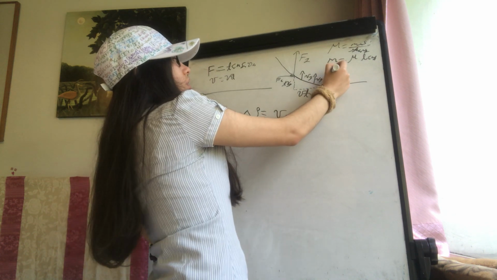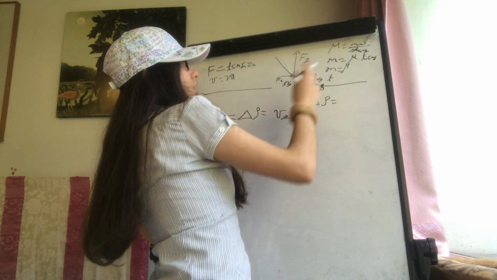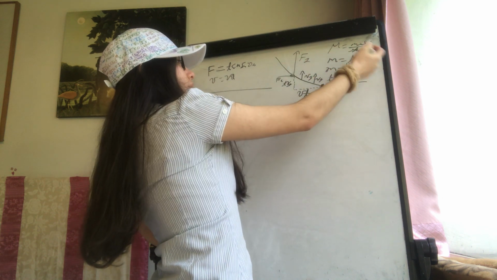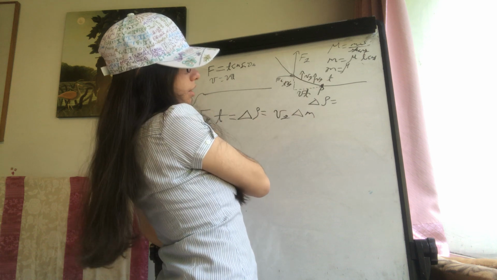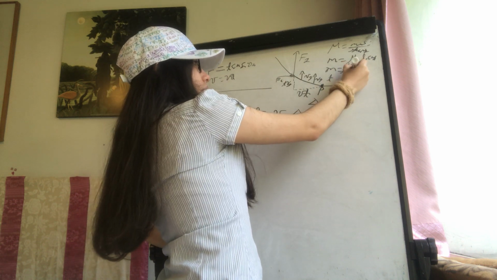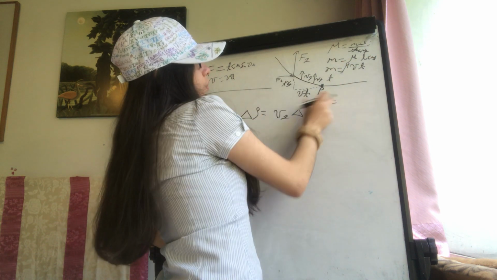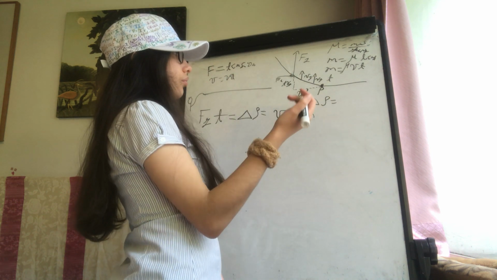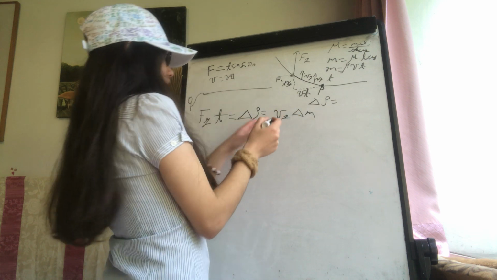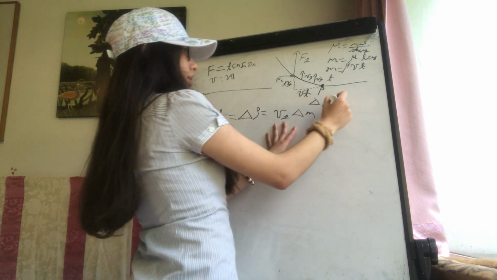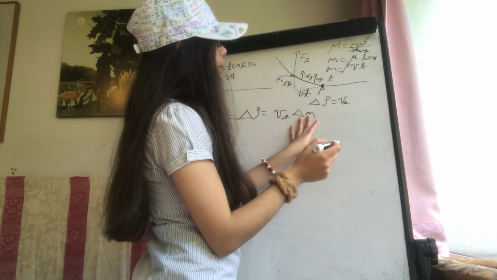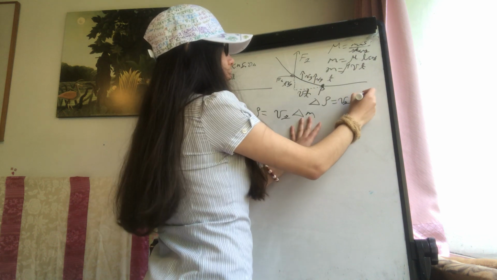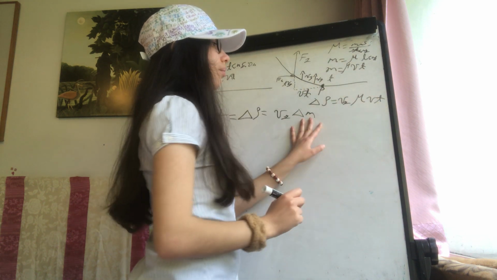First, the mass would be mu, that is the mass per unit of length, times the length, the distance that P had advanced. So v times t. So the change in transverse momentum would be v sub y times the change in mass, that is mu v t.